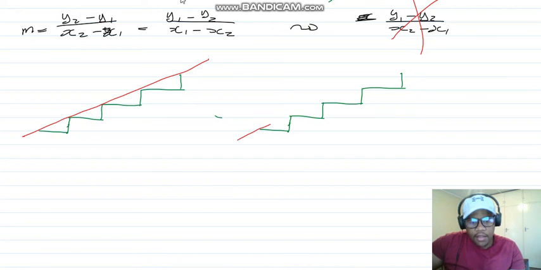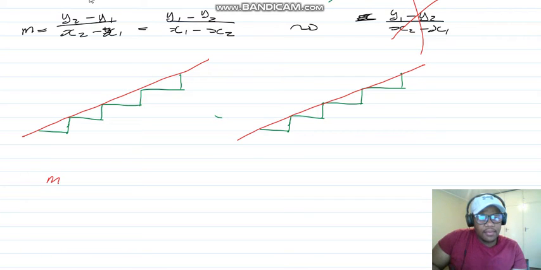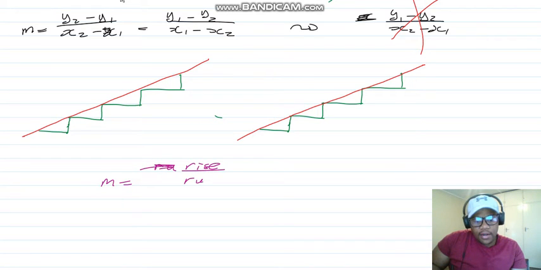So even here you can have the same thing, because you have the same rise over run. If you have the same rise over run, it basically means you have the same change in y over change in x.